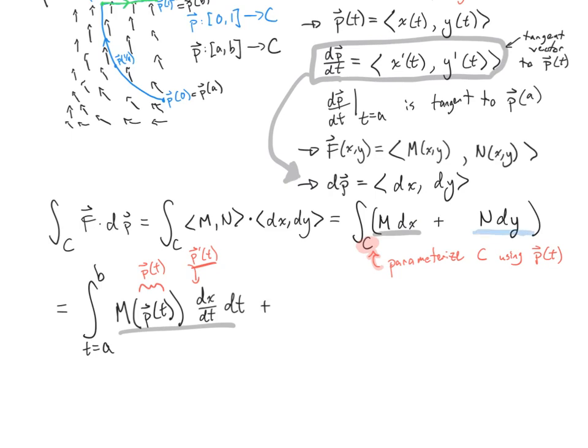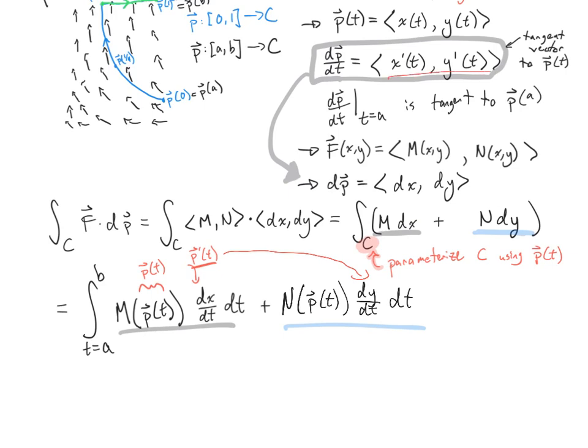So this component over here is going to become, after plugging in P, N of P of T, and the dy becomes dy dt dt by chain rule. And now both of these parts are part of P prime, the vector P prime, which we wrote up here.